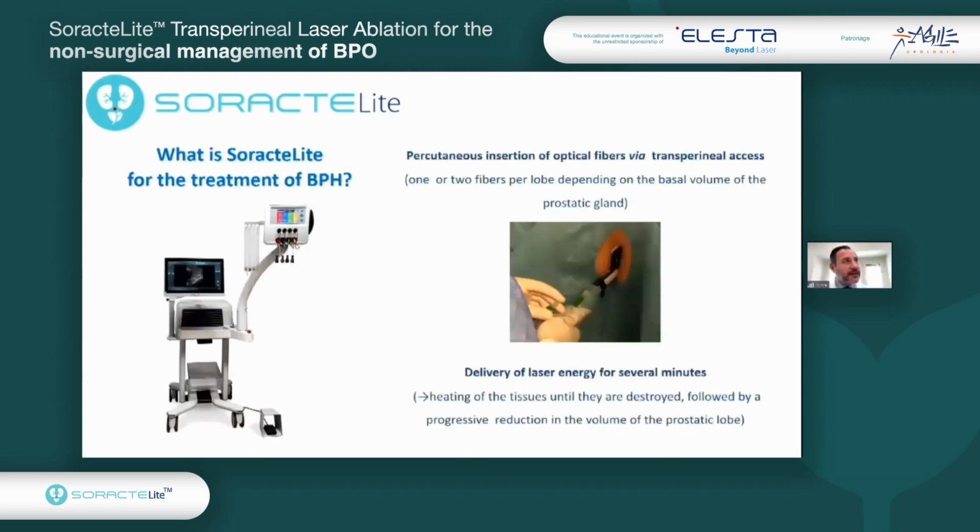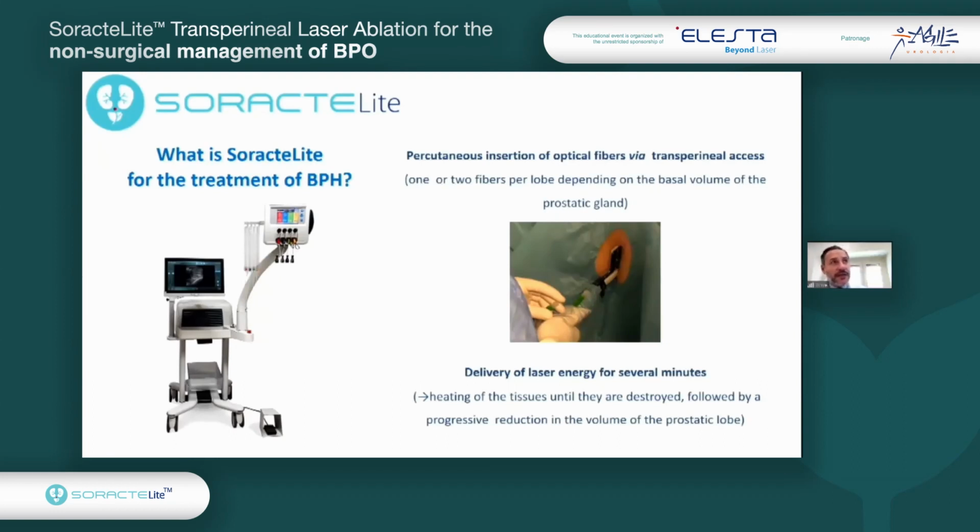The treatment is obtained by the percutaneous insertion of optical fibers using, as I already said, the transperineal access. We will place 1 or 2 fibers per lobe, depending on the volume of the prostatic gland.